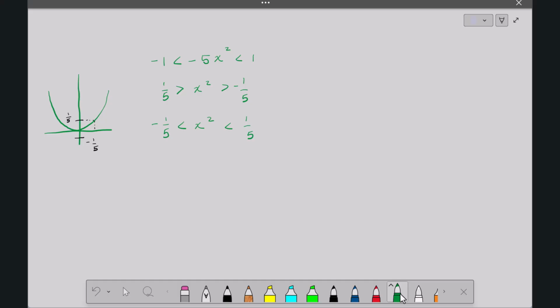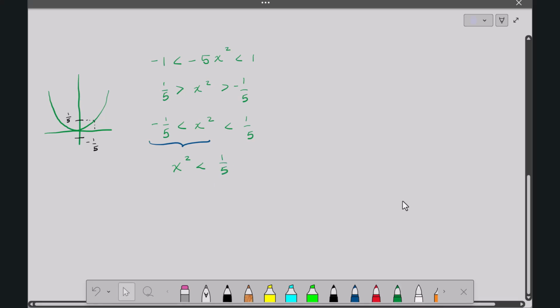You can also think of it algebraically like this. The left-hand side of this inequality is always true. So the solutions to that inequality and the solutions to this inequality are the same. This is a compound inequality. We want x squared to be both less than 1/5 and greater than negative 1/5. Well, it's always true that it's greater than negative 1/5, no matter what, because x is squared.